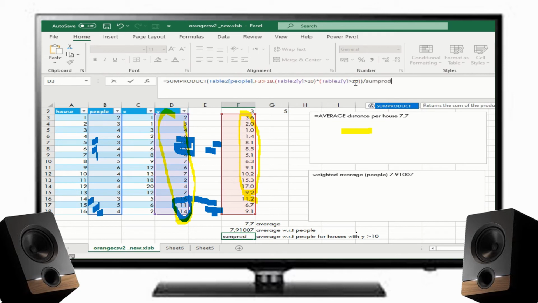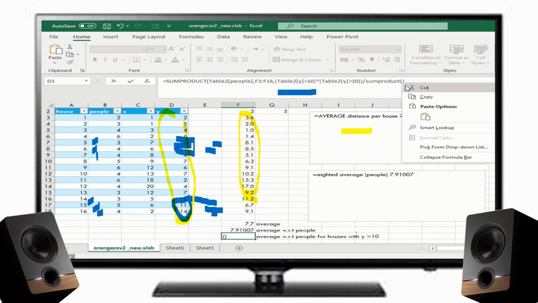For example, Table 2 of Y, I do the restriction here in Y, but I want to multiply the distance by the number of people, so I will not be able to do the restriction in one of them. So something like this will be very interesting for you to consider.